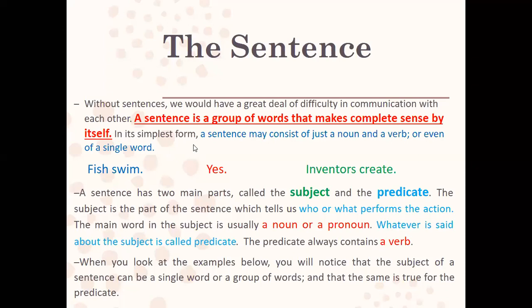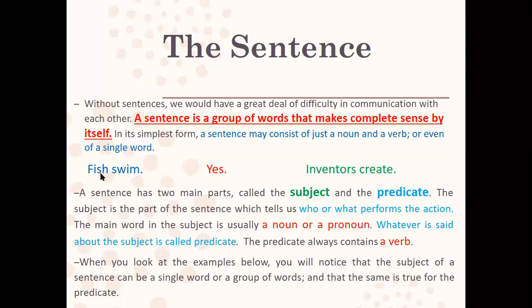In its simplest form, a sentence may be a single word, and you can say yes, it is a complete sentence. If anyone is asking you for anything and you just say yes, it means he or she gets the idea. So in its simplest form, a sentence may consist of just a noun and a verb, or even of a single word.